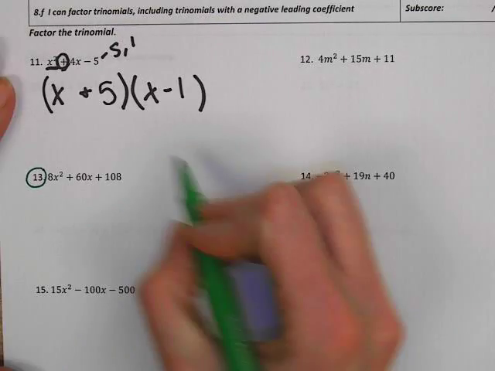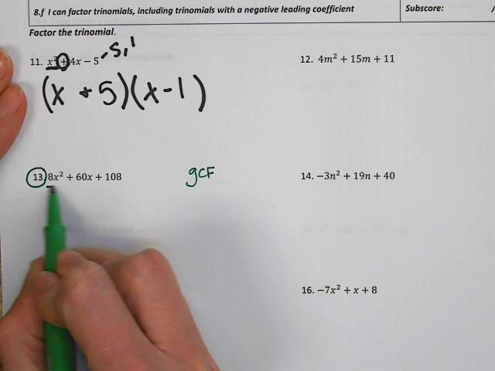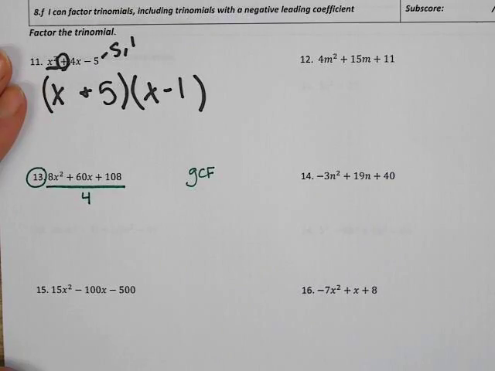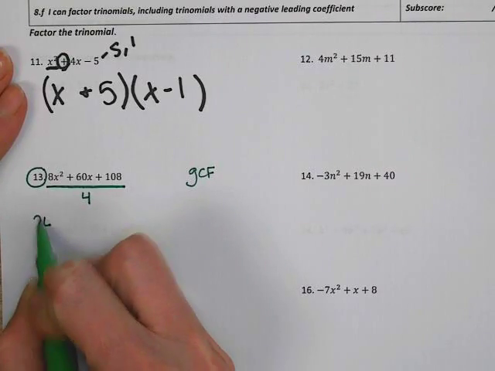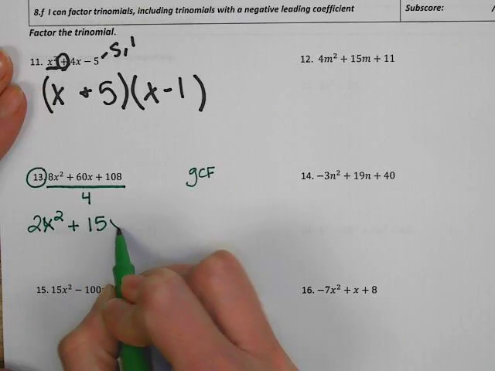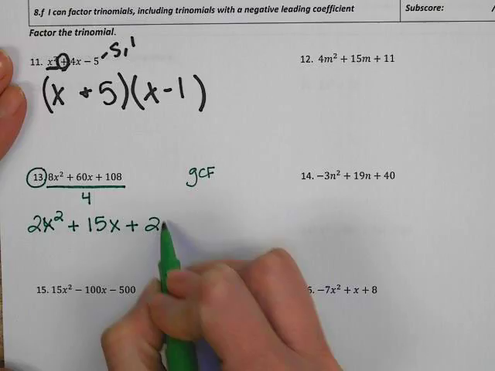But the first thing, remember, you always look for is a GCF. And I think all of these can be divided by 4, actually. Let's try. So if you divide everything by 4, you get 2x squared plus 15x plus 27.